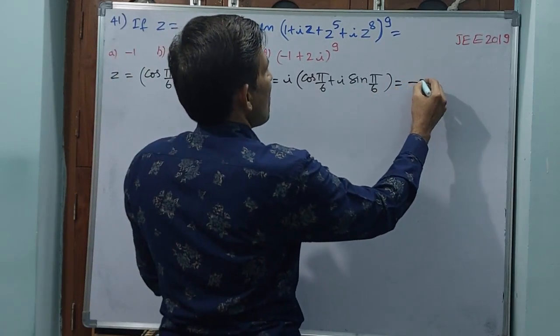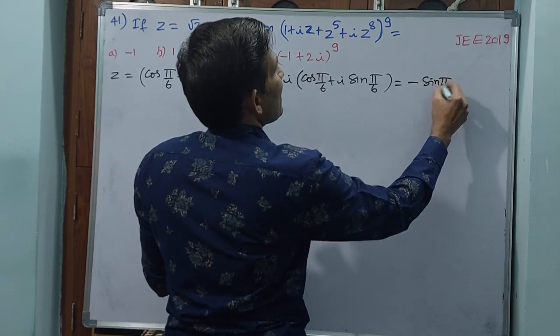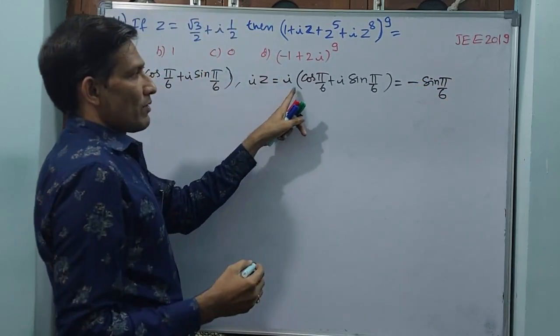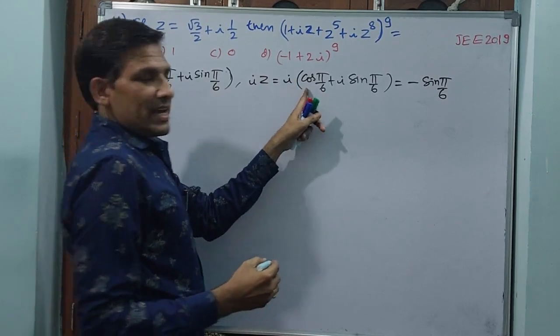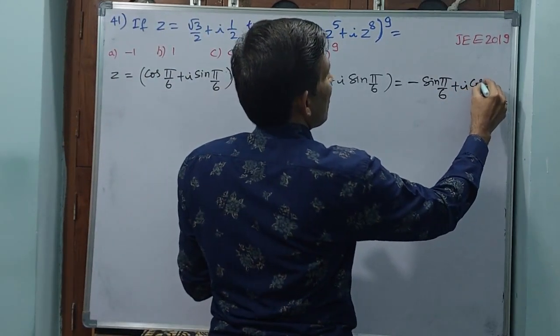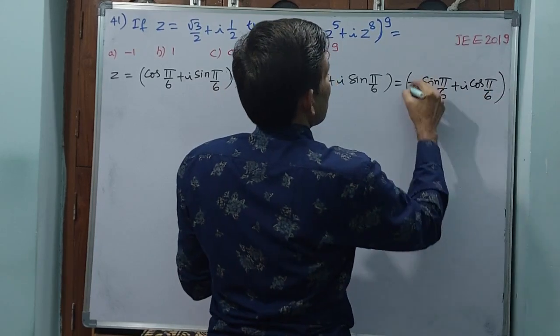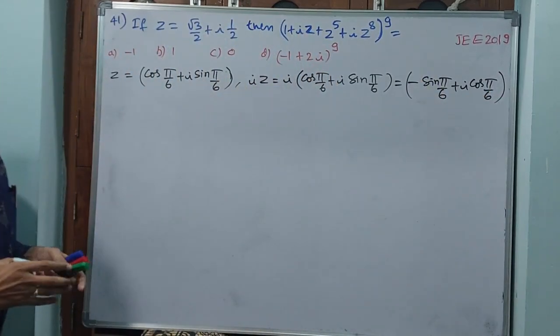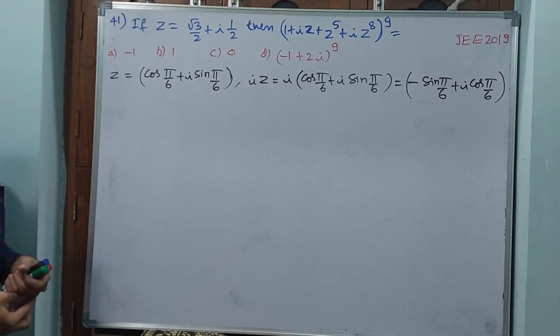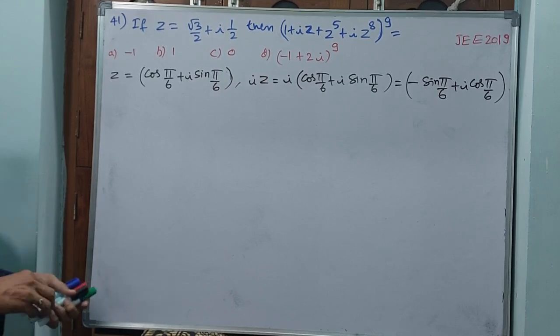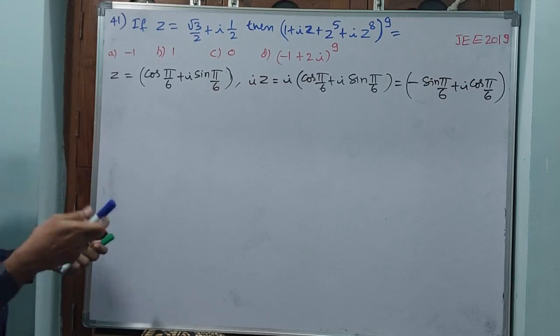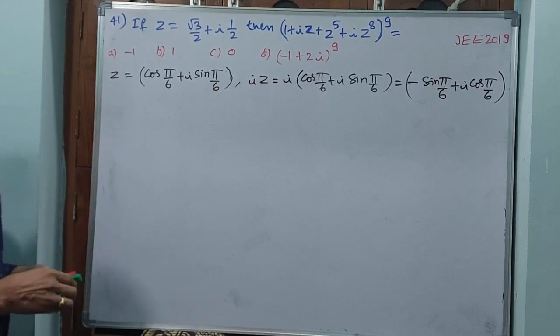You see, this is minus sin pi by 6 plus i cos pi by 6. Okay, this will be your iz. Or else directly also we can do. Okay, let it be. Proceed further then.